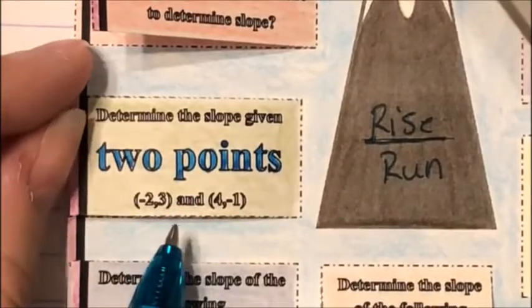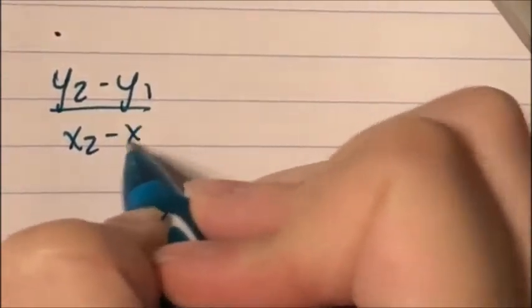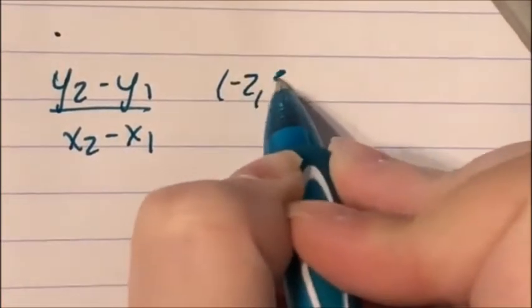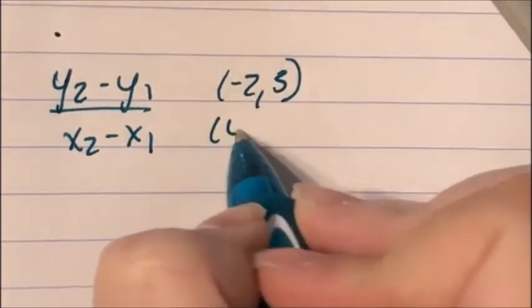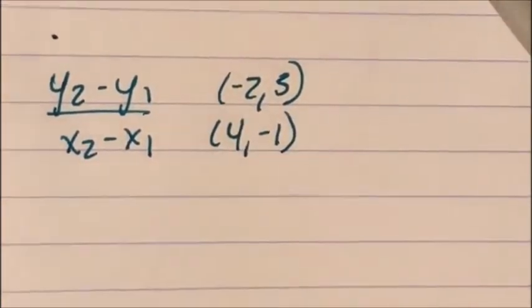So for this one, I'm going to go ahead and do this over here. I'm going to take my slope formula. Okay, and I was given the points (-2, 3) and (4, -1).